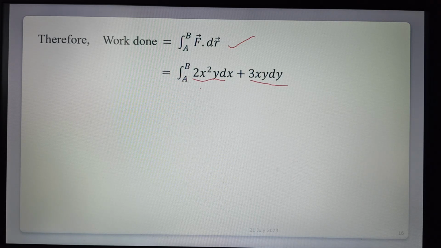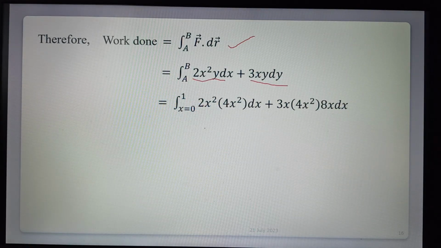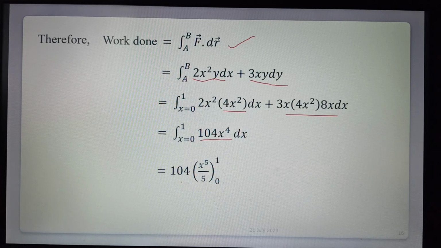Y is converted to x here, so the limits are x from 0 to 1: 2x square into 4x square dx plus 3x into 4x square into 8x dx. So dx common, integration from x is 0 to 1 of 104 x power 4 dx, that is 104 into x power 5 by 5 with limits 0 to 1. Substituting the upper limit 1, that is 104 by 5. This is the required value of the work done of the given vector field.